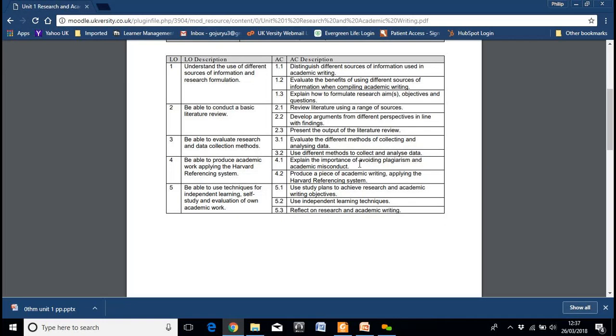Explain the importance of avoiding plagiarism and academic misconduct. This is where we have given information about using Harvard referencing systems. There's nothing wrong with using quotes from previous researchers or people that have covered the subject before, provided that you then paraphrase what's been said.